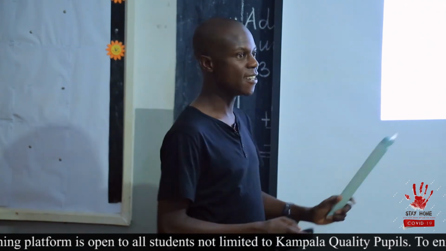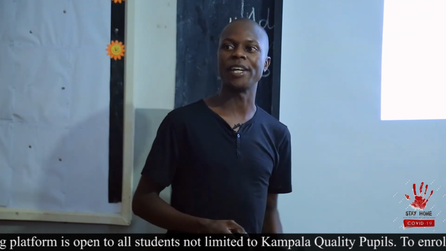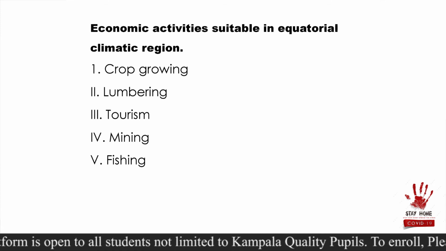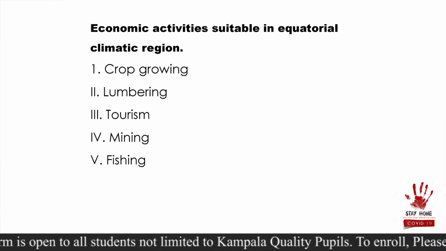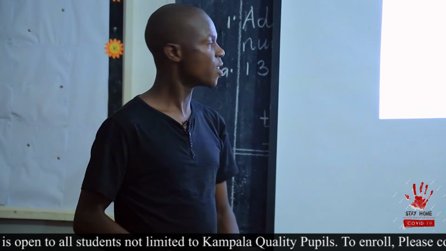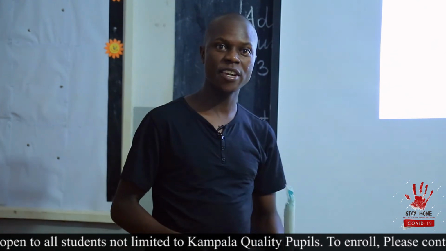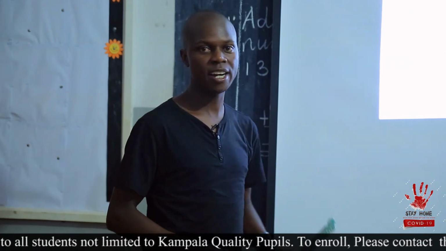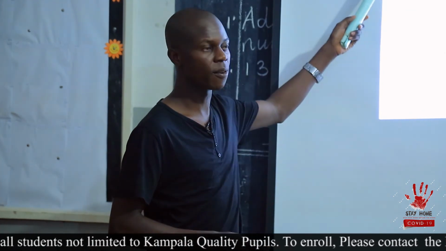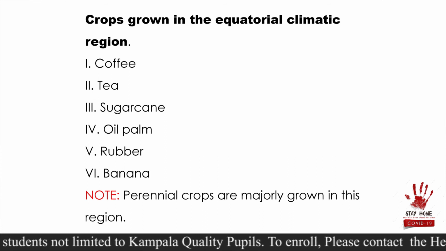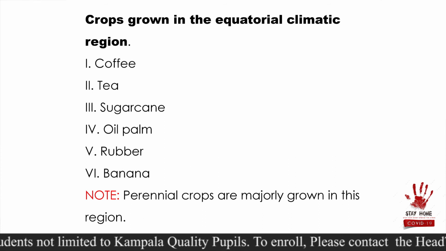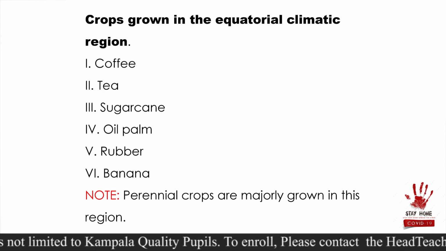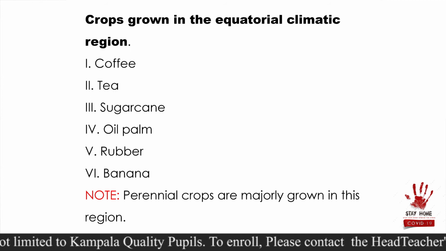Since we said this region encourages crop growing, what do you think are the suitable crops that can be grown there? Just like you realize this region experiences too much rainfall, and we are saying it encourages crop growing. These are the crops that are suitable in such an area that experiences rainfall throughout the year. We have coffee, tea, sugarcane, oil palm, rubber, banana.